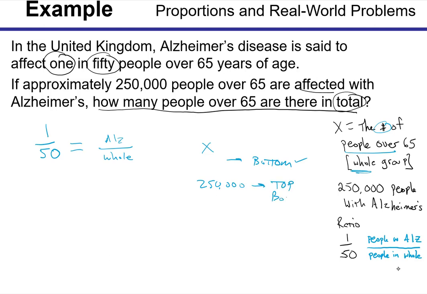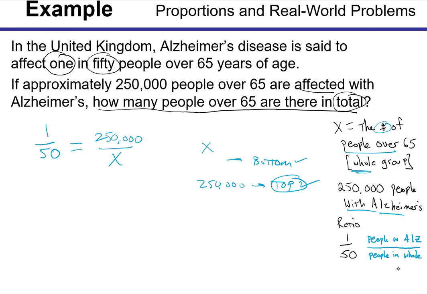Top or bottom? What is 250,000? That's the number of people with Alzheimer's. That's got to be the top. So when we make our second proportion, the X is on the bottom because it's the number of people in the whole group, and the 250,000 is the number of people with Alzheimer's.